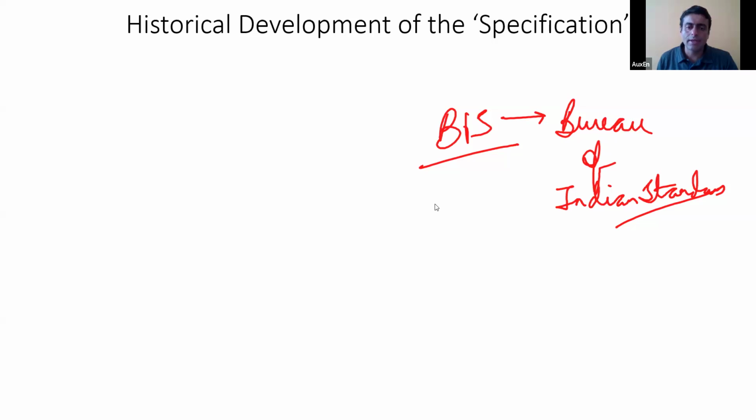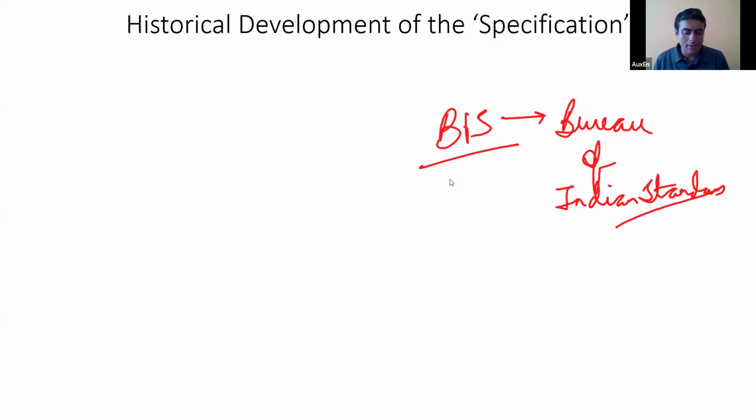So you have one central body which publishes all these standards. In the American context, they have different bodies which deal with making the different specifications and standards.